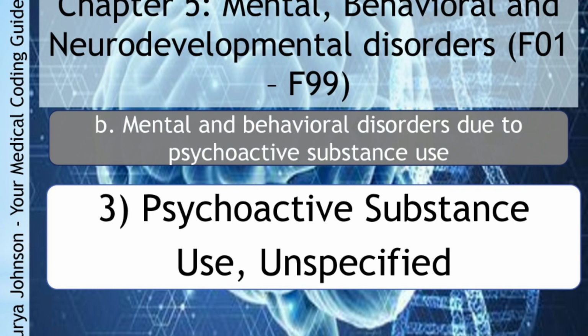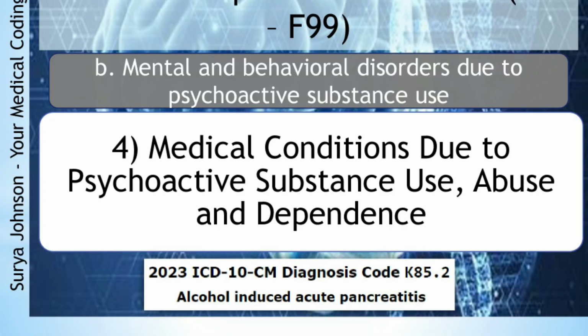So the next point, the fourth, is medical conditions due to psychoactive substance use, abuse and dependence. There are many medical conditions that result from substance use, abuse or dependence, but there is no specific diagnosis that defines that. For example, the patient has some sexual dysfunction.